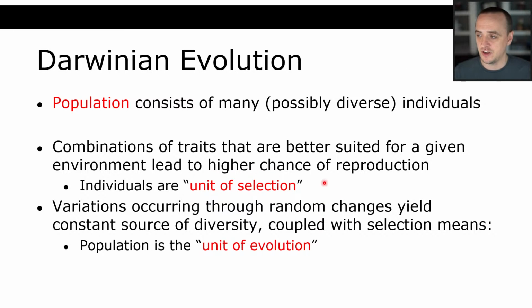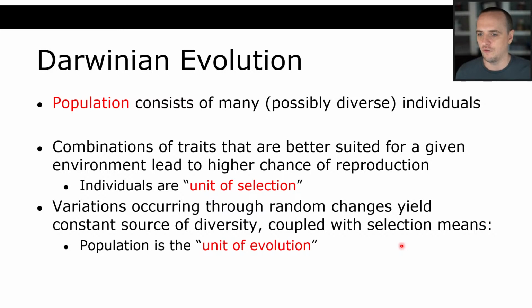However, individuals do not undergo evolution. That is a very important concept. A single individual does not evolve. A population evolves over time. If an individual throughout its lifetime, for example, learns something, that is not evolution.